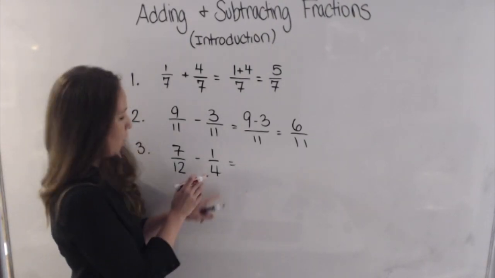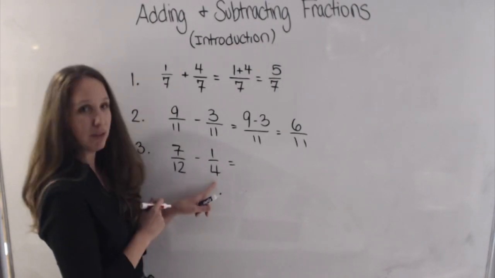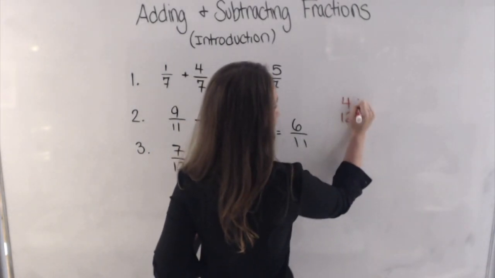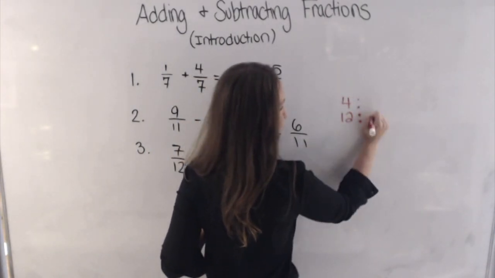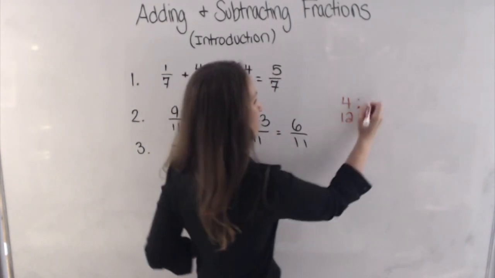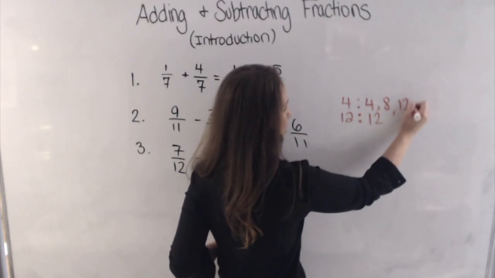So, what number can I multiply by 4 to make it 12? Or we can look at our multiples. 12 times 1 is 12. 4 goes into 12 perfectly. So that would be 4 times 1 is 4, 4 times 2 is 8, 4 times 3 is 12.